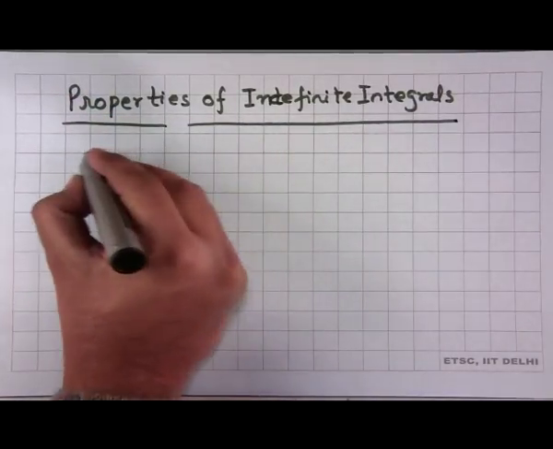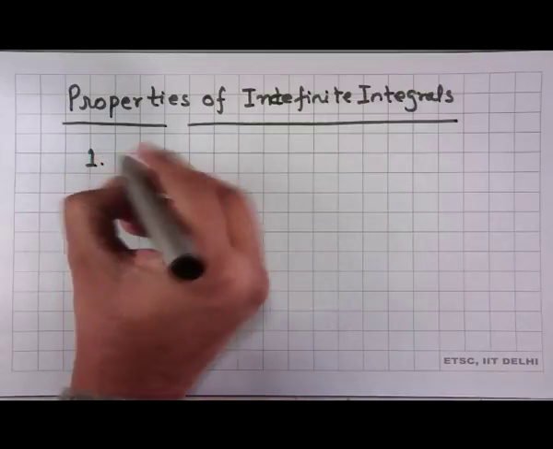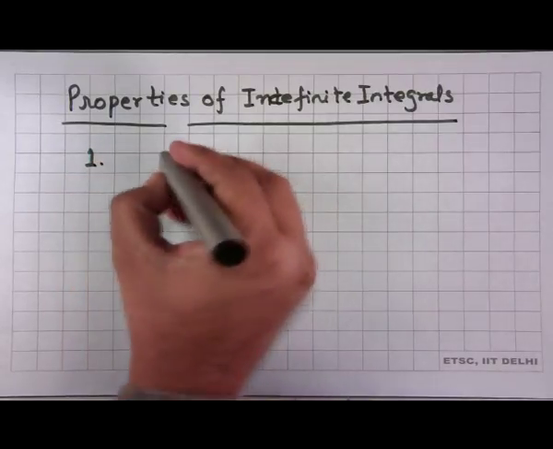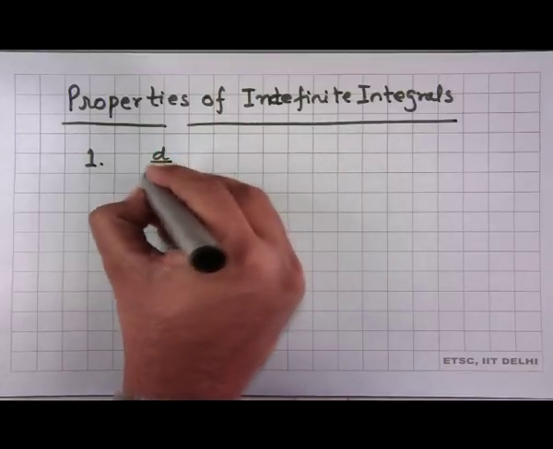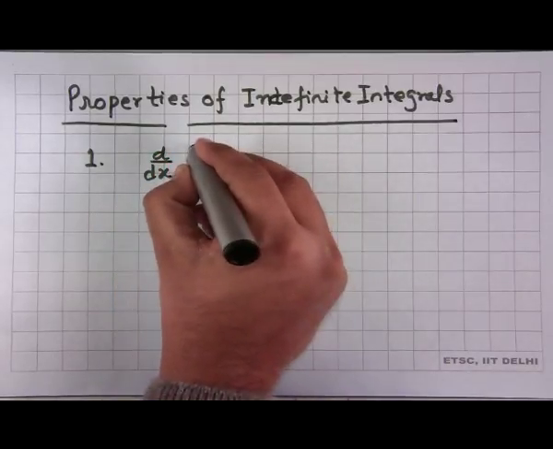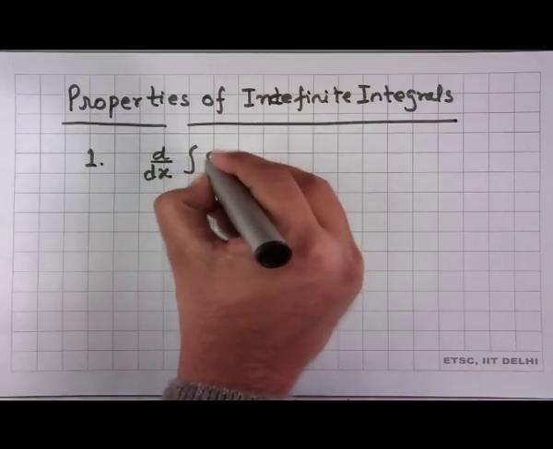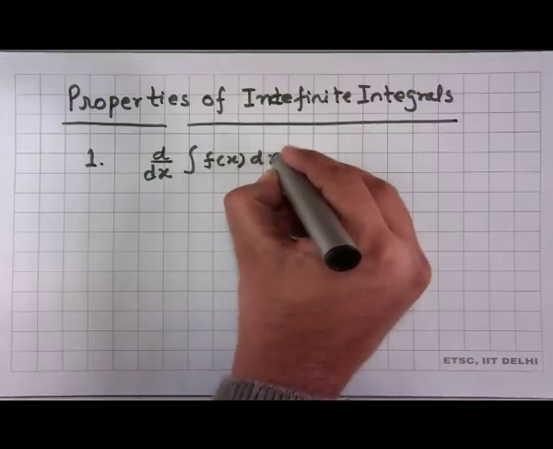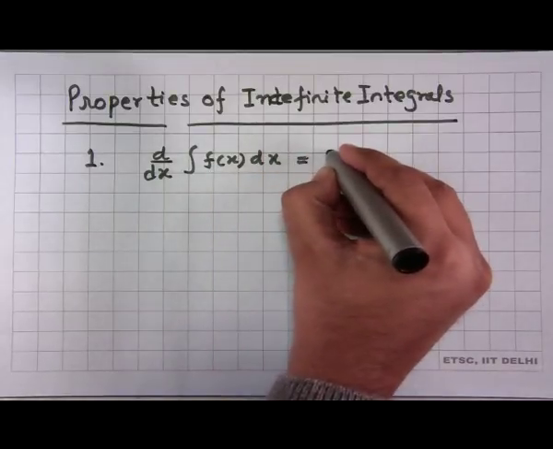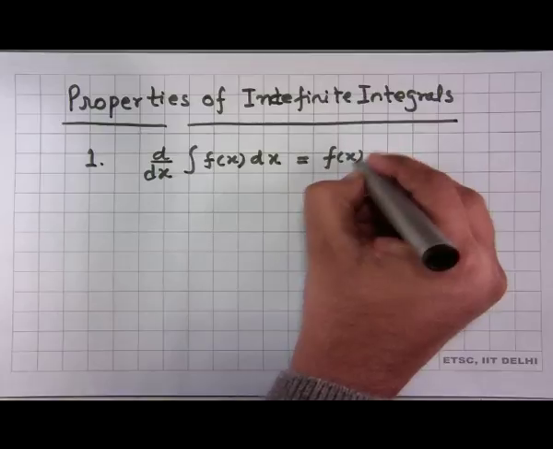The first property relates, as we told initially, to the idea that integration can be considered as the inverse process of differentiation. So, the property is d by dx of the integral of f x dx is the function itself.